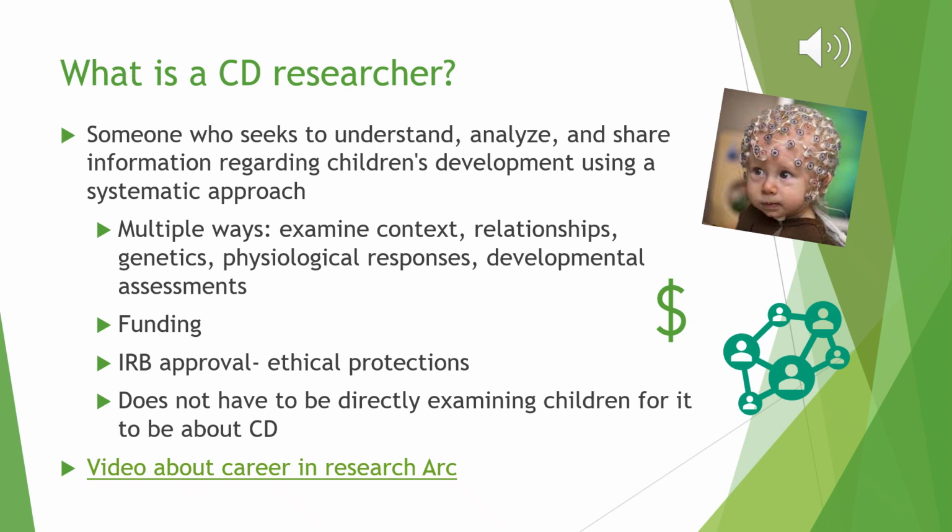But researchers also can look at things like genetics, physiological responses, so responses to stress in relation to maybe experiencing something new or experiencing a transition with their parent, as well as using developmental assessments. And we'll talk more about the different types of research on the next slide.